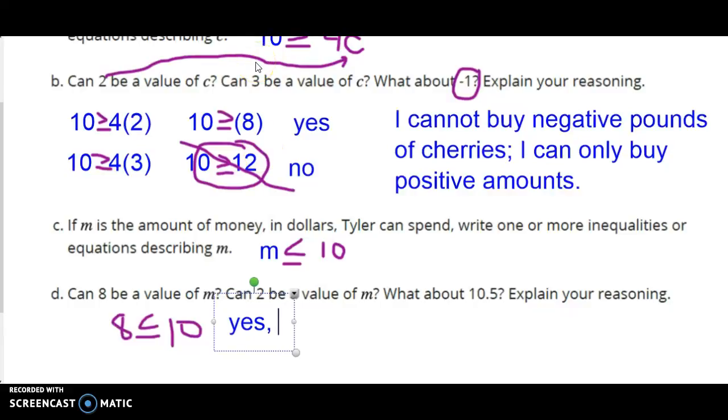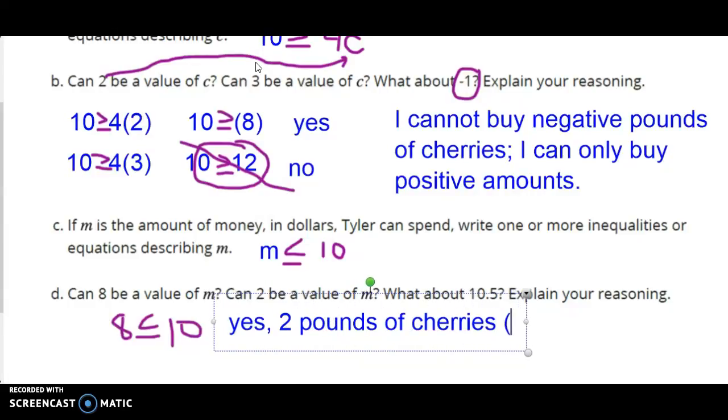If he spent $8, how many pounds would that be? That would end up being 2 pounds of cherries. 4 times 2 equals 8. Can 2 be the value of M? 2 is less than or equal to 10. So far that's looking okay.